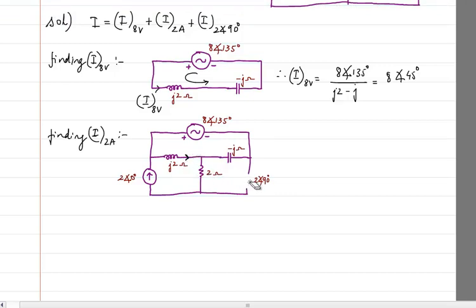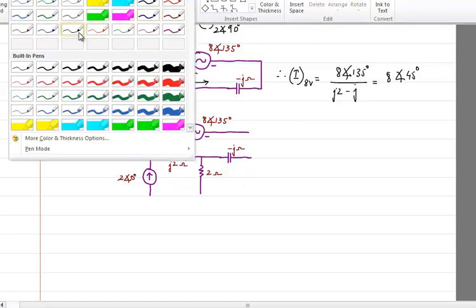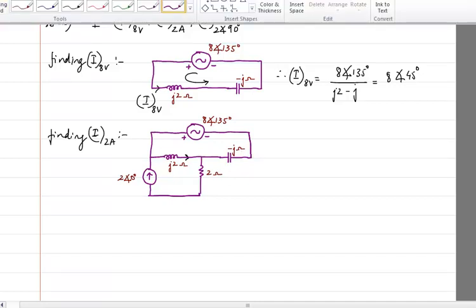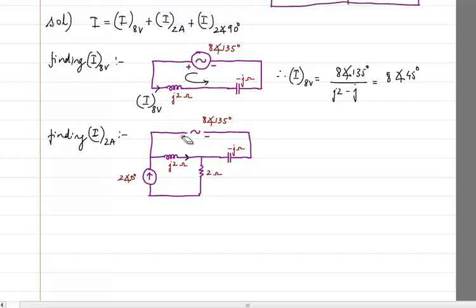The current source is taken out, and this will remain as such. Similarly, when I take this voltage source out, what remains is just the short circuit of that one.